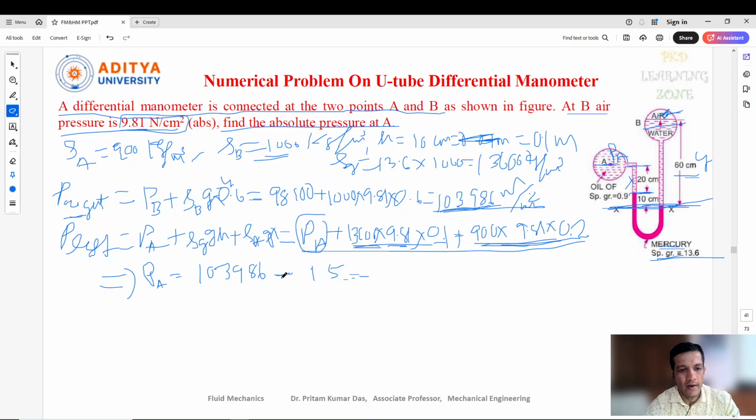So 1 lakh minus 15,000, we'll get near about 88,000 Newton per meter square.